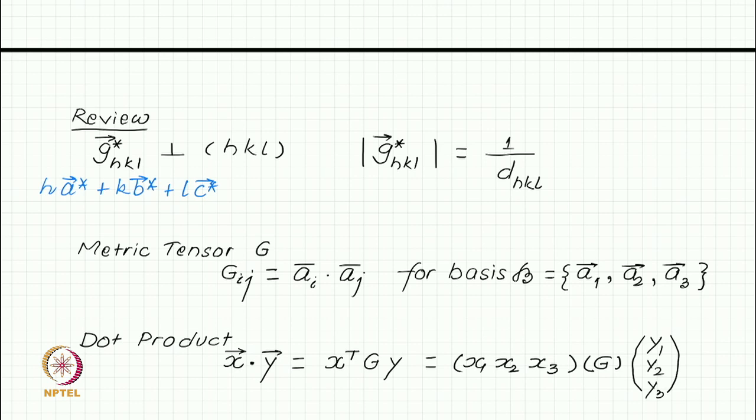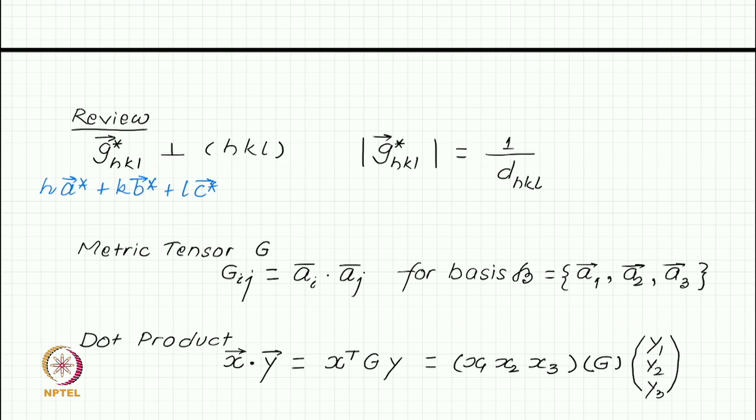For the real lattice plane HKL, you know the Miller indices HKL, so its intercepts are a by h, b by k and c by l on the x, y and z axes of the real space, the a, b and c axes. So, this was one of the relationships we established.